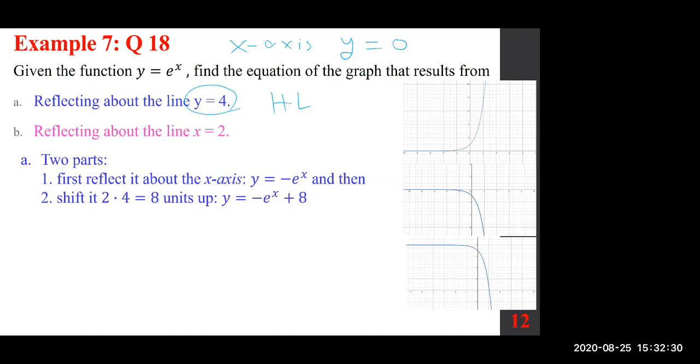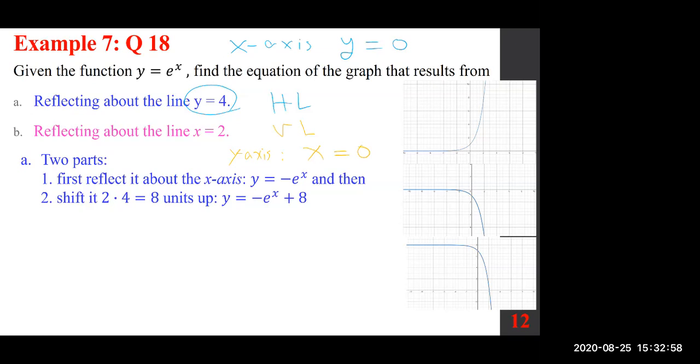When we look at the second part, we want to do the same thing, but this time with respect to the line x equals 2. Remember, this is a vertical line. Let me use a different color. This is a vertical line, okay? And remember, the y-axis has the equation x equals 0.